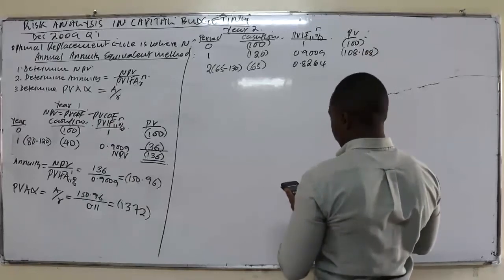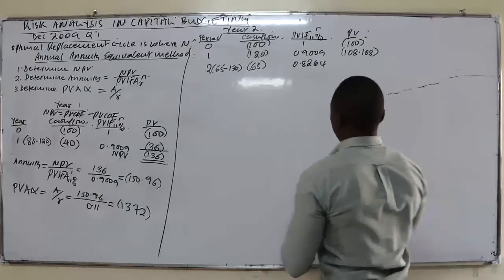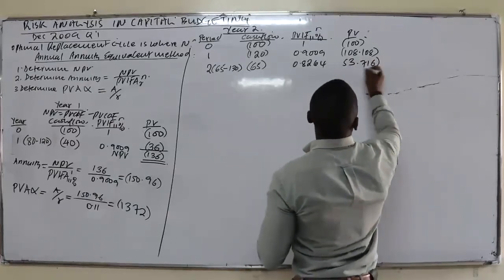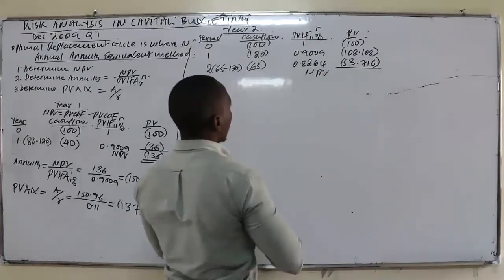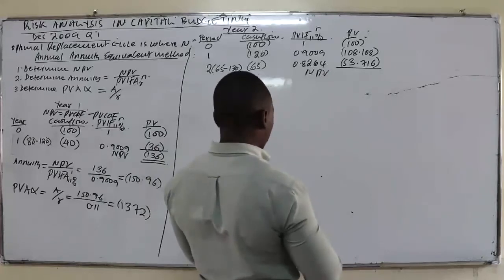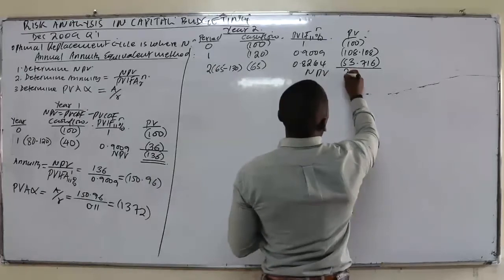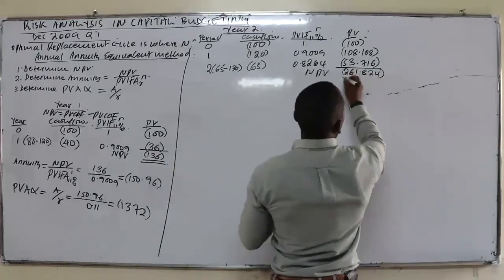Here we have 65 multiplied by 0.8264. Here you have 53.716. If you add the total, you get NPV. The total you'll be having is 261.824. But remember, in this case, our NPV is negative.